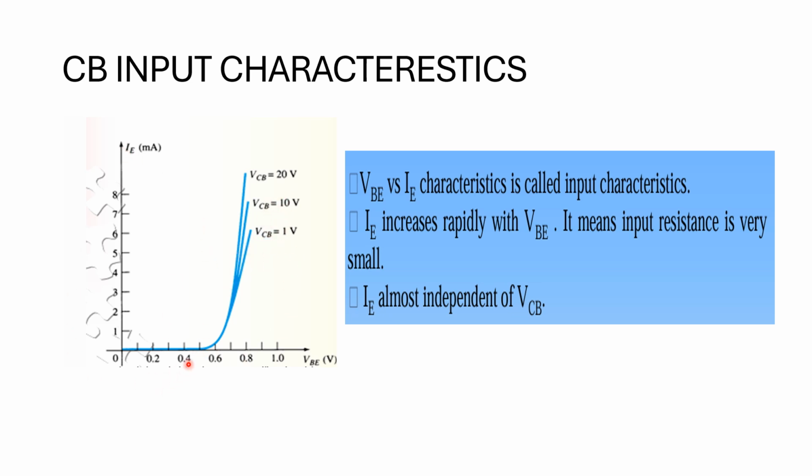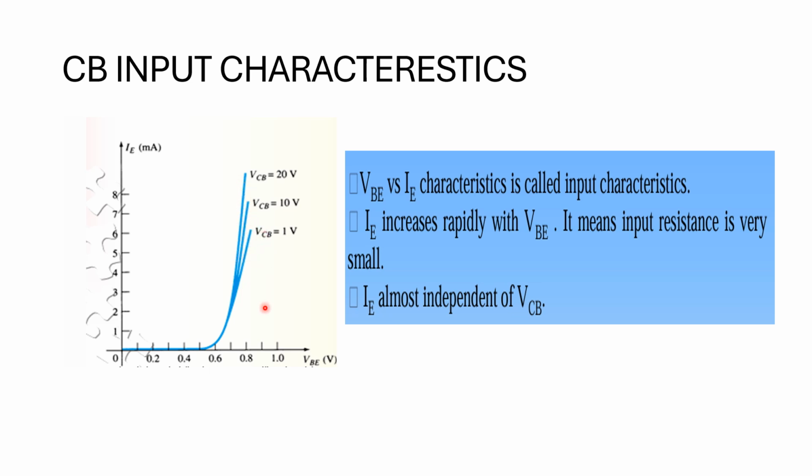That means IE is rapidly increasing. And here also there are small changes, the curves shift towards the left. Up to this point the curves start smoothly, the same. After that, there is a shift towards the left.